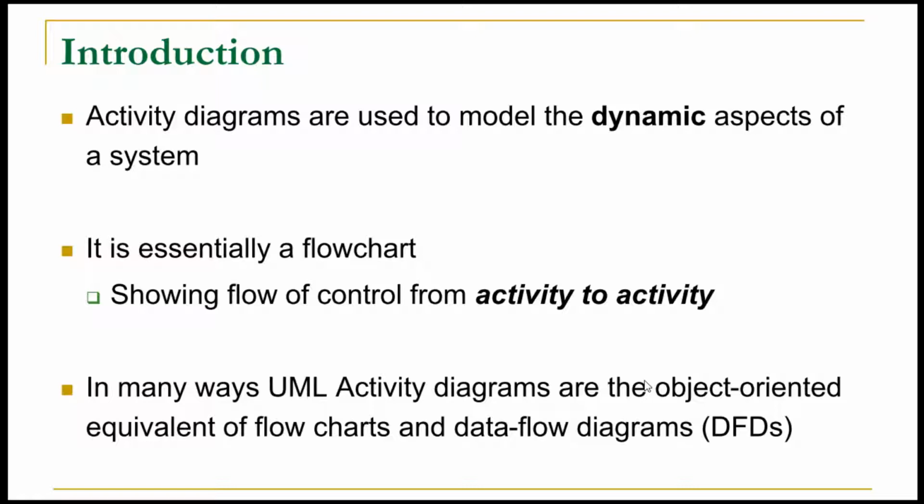Essentially, an activity diagram can be considered as a flowchart, as it shows the flow of control from one activity to another, but in notation it is very different from flowcharts. You can consider the activity diagram as an object-oriented form of flowchart in the UML.